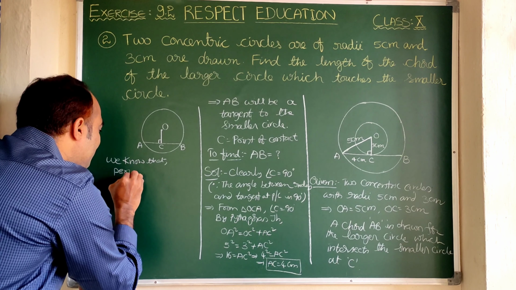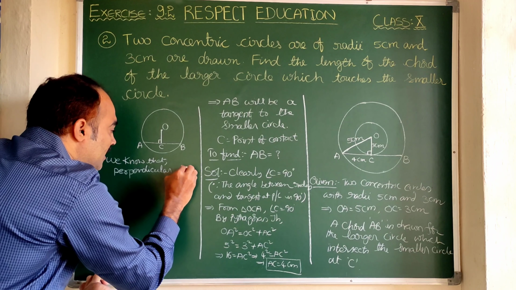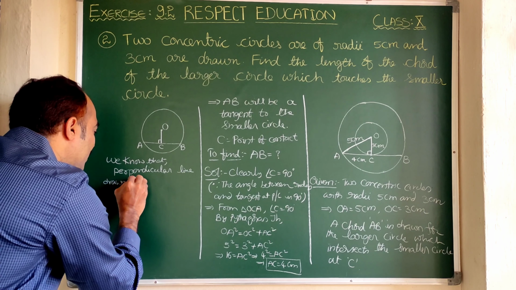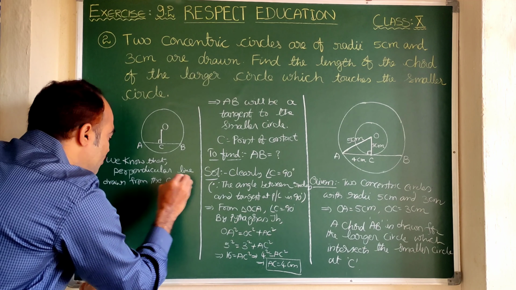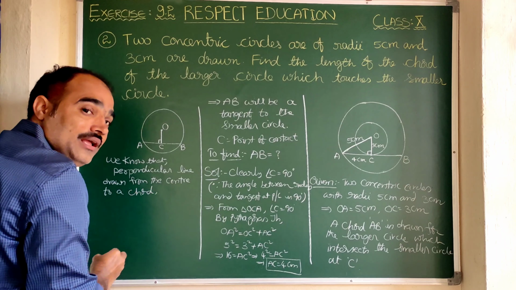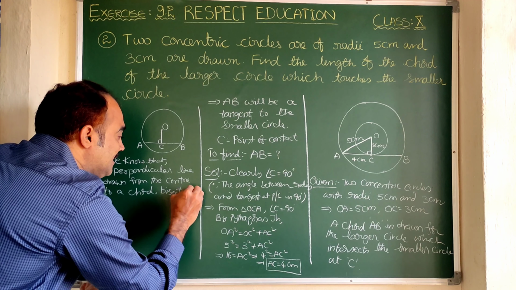a perpendicular line drawn from the center to a chord bisects the chord. We can write bisects it.